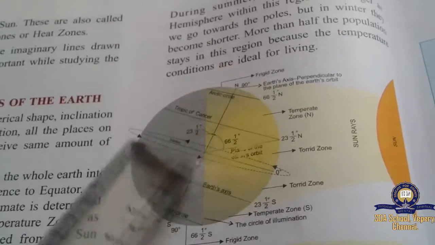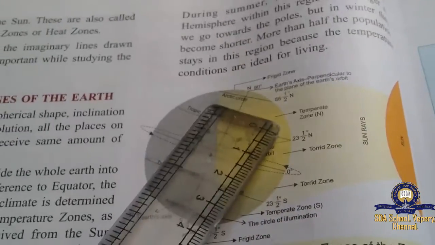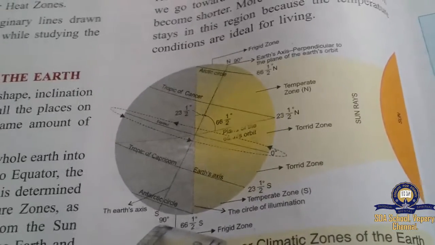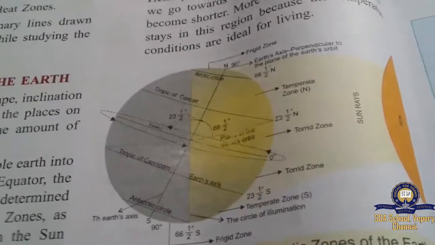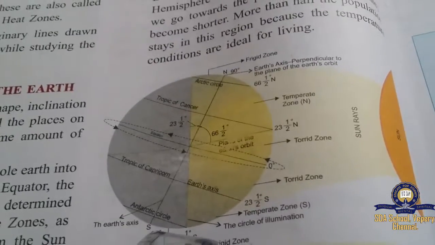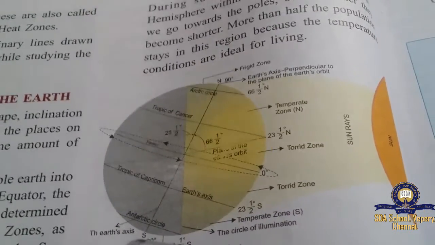This is the hottest place, the torrid zone. Both these places get slanting rays. Now the poles, can you see the poles? 90 degrees south and 90 degrees north. This is the frigid zone. Can you see the frigid zone? It is full of snow because they cannot see the sun here.